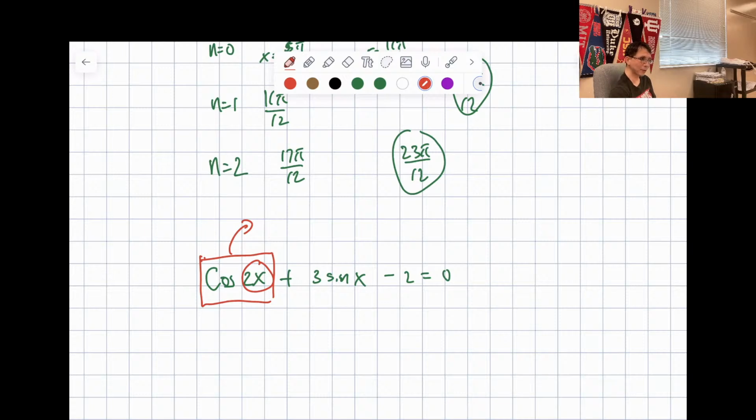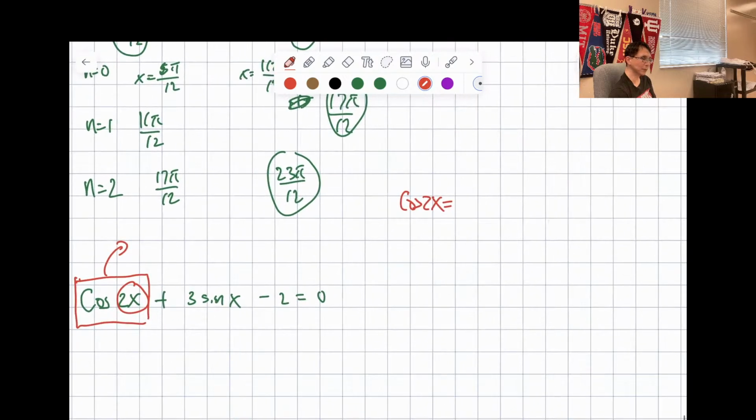So let's write down cosine of 2x. Cosine of 2x is equal to something. Can you tell me the first version of cosine 2x from your notes? Cosine squared of x minus sine squared of x. Now, does this one help me? Why doesn't this one help me? Because you have cosine and sine, it still doesn't resolve the issue. What is the second version?